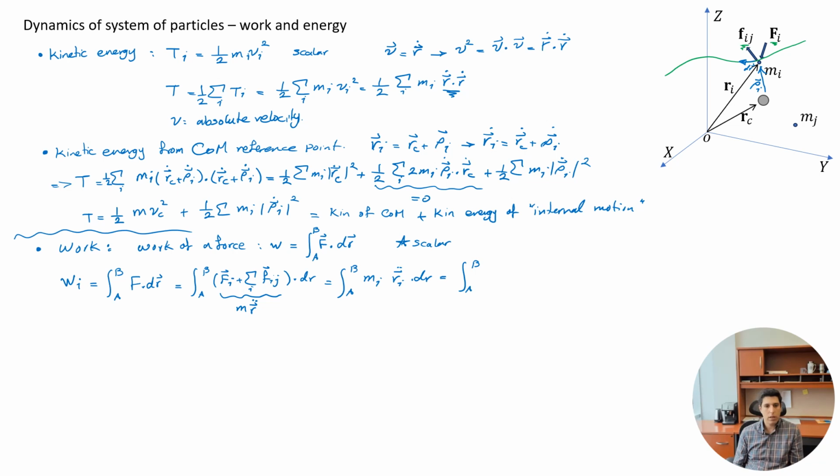Instead of r double dot, I'm going to write d r dot over dt, dot dr. And I'm going to take this dt over there, so it becomes m_i dv dot dr over dt.